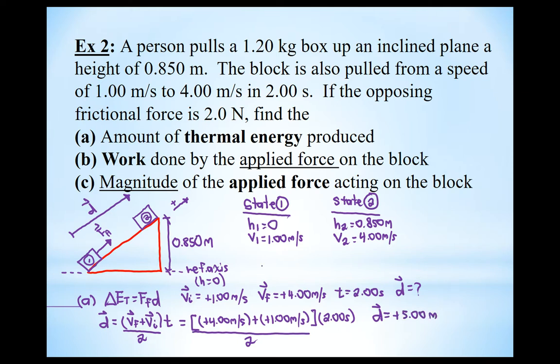And now we can calculate this thermal energy change, delta ET, because there is a thermal energy change due to the fact that there is friction over a distance. So this would be equal to, let's plug the numbers in, the force of friction, 2.0 newtons, times 5.00 meters. 2 times 5 gives me 10.